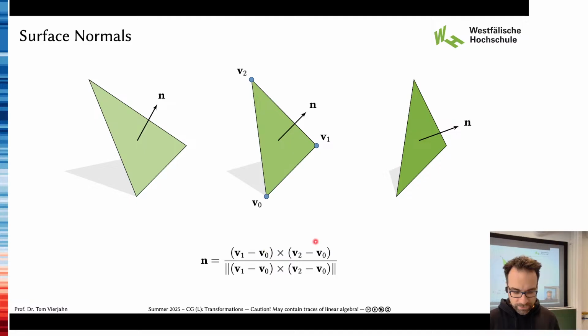These are 2 differences where this works. That is the difference V1 minus V0, which is the vector starting at V0, pointing towards V1, and V2 minus V0, which is the vector again starting at V0, pointing at V2.